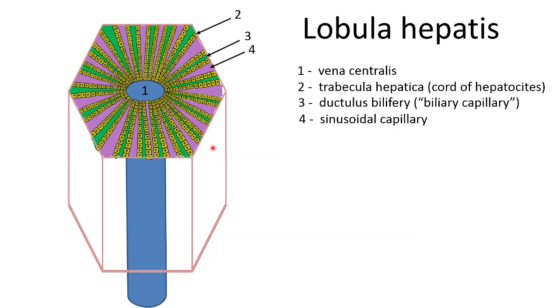Sinusoidal means it's quite large in diameter, larger than an ordinary capillary bed, for example, in muscles or in the wall of the intestine. That's why we use the term sinusoidal capillary.